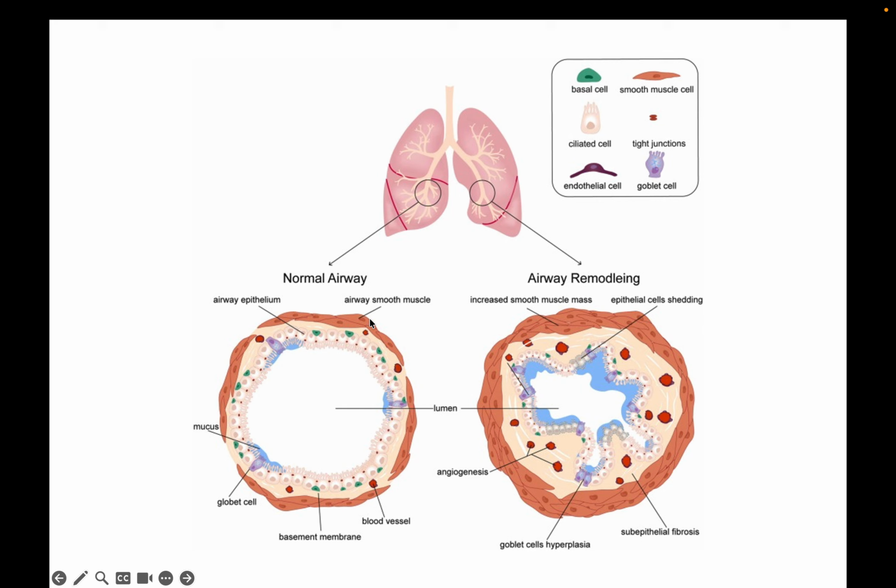All of this airway smooth muscle is going to increase in mass, so it's going to press on it and constrict the lumen. The lumen is the opening. So rather than having 100% oxygen being released, this now becomes down to literally 30% of oxygen being released. So this is one of the things that happens.